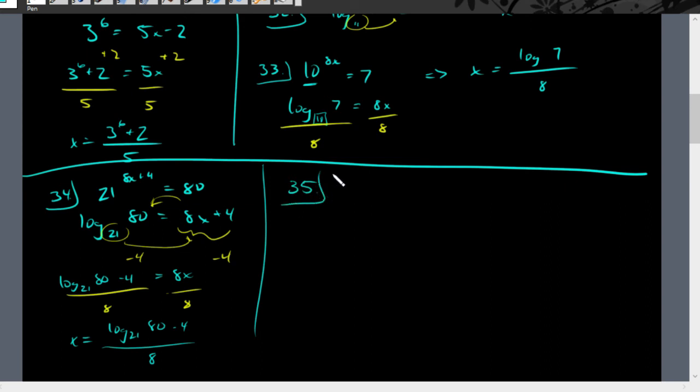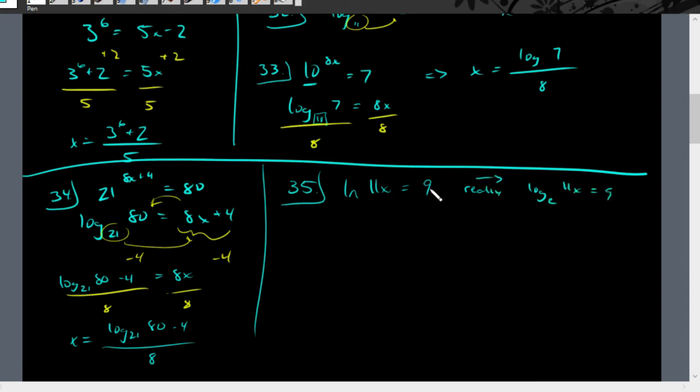35. Natural log of 11x is equal to 9. Those parentheses are not necessary. Again, natural log is really log base e of 11x equals 9.